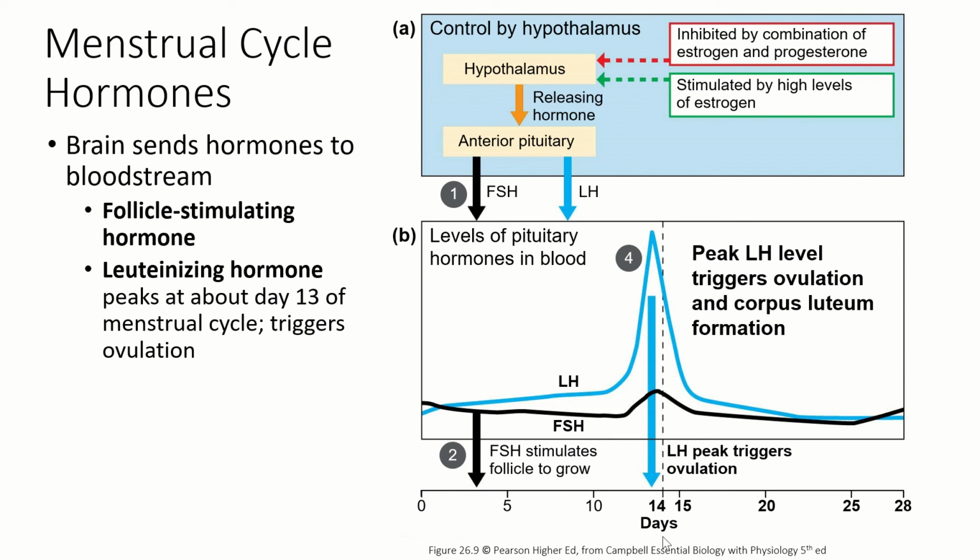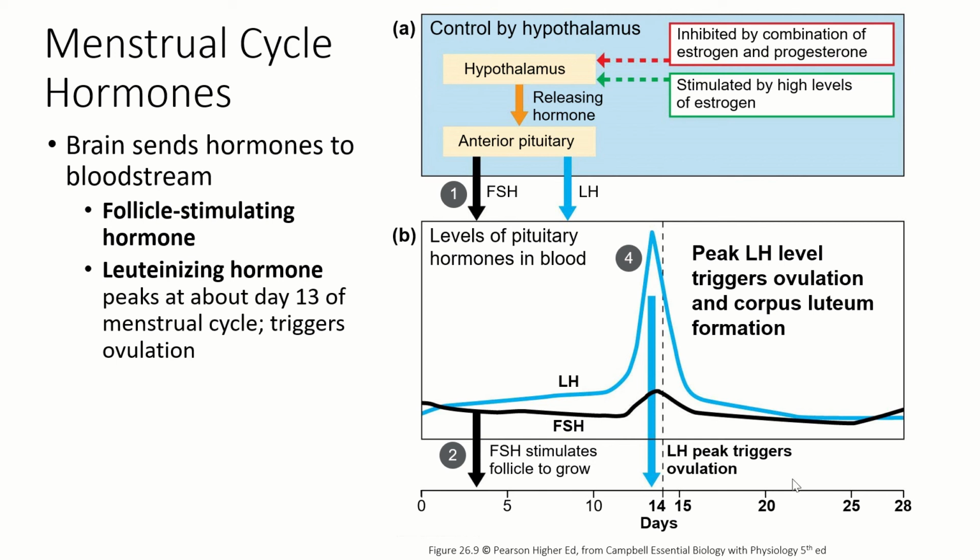Ovulation happens on day 14, again on average, and the cycle goes until day 28 and then starts again with menstruation on day 1. Day 1 is the beginning of the cycle.